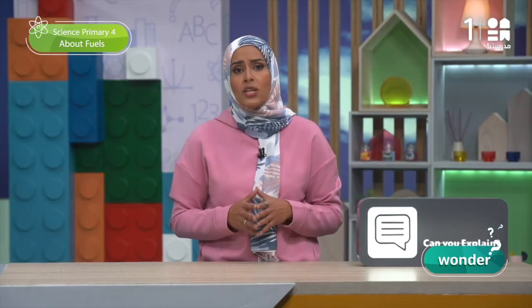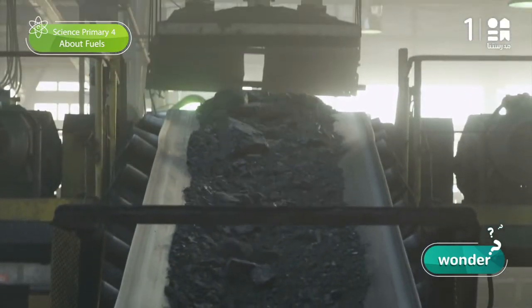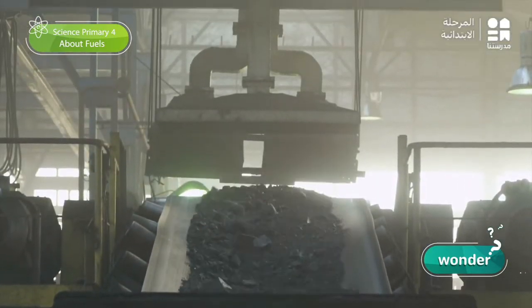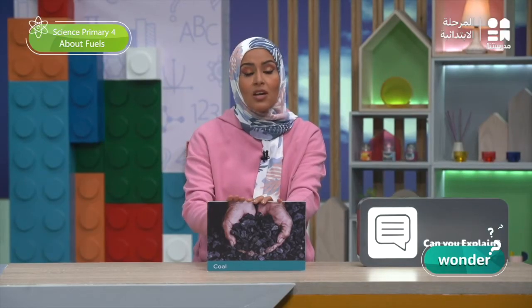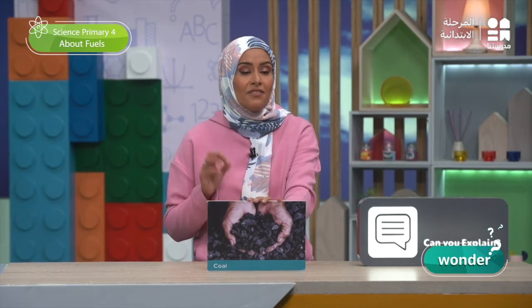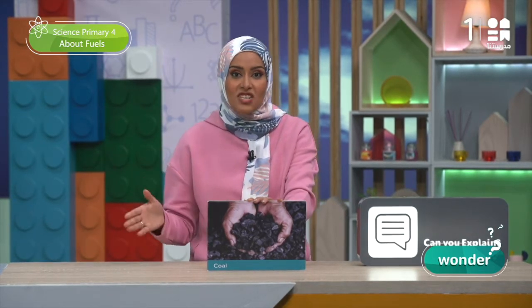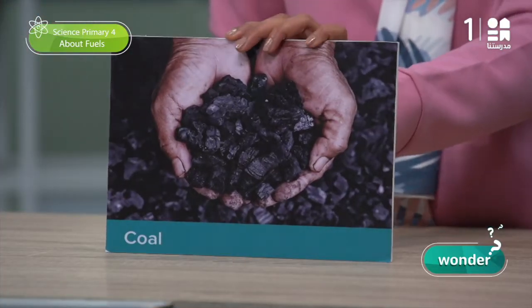I guess we know different types of fuels. One of them is solid and black. Do you know it? Of course, it's coal. Also, the fuel we use to move the car. Remember? We go to the gas station and put it in the car engine. When it burns, it helps a car to move.